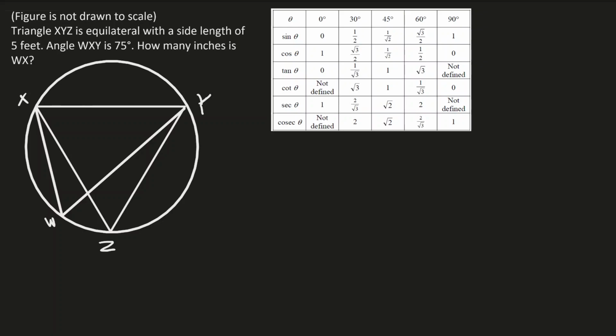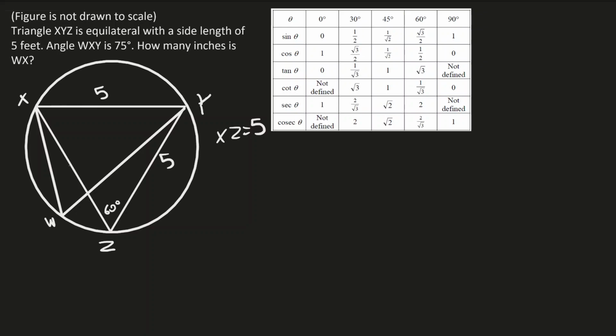So we are given that triangle XYZ has a side length of 5 feet and that's equilateral. So in that case that means XY must be 5, YZ must be 5, and XZ must also be 5. I'm just gonna write it down right here so it won't interfere. We also know in an equilateral triangle every angle is 60 degrees.